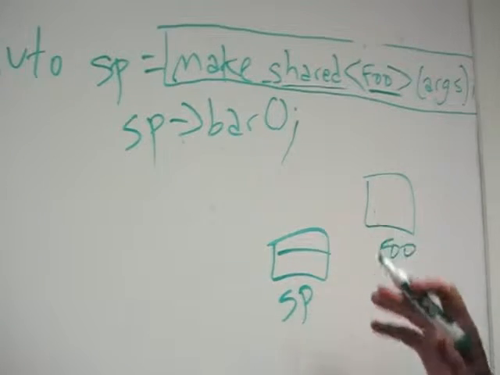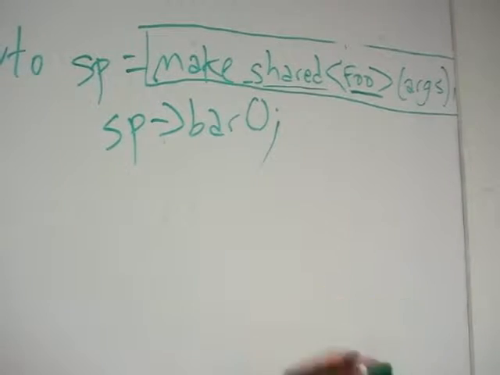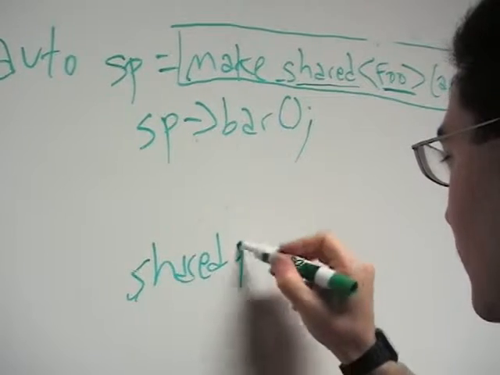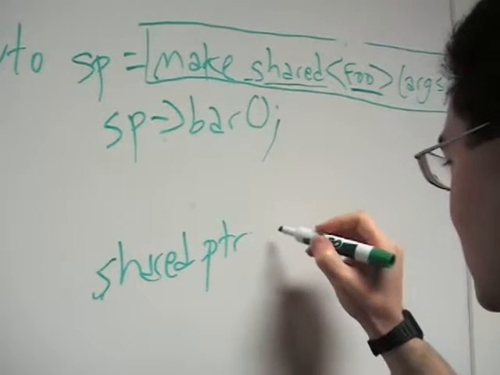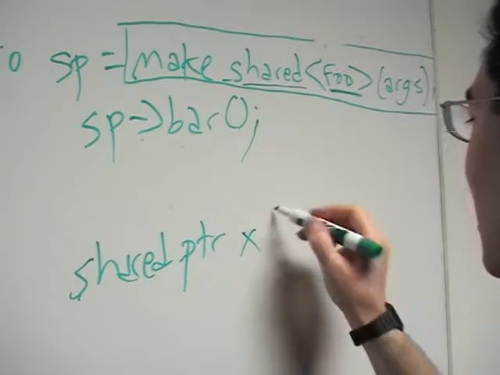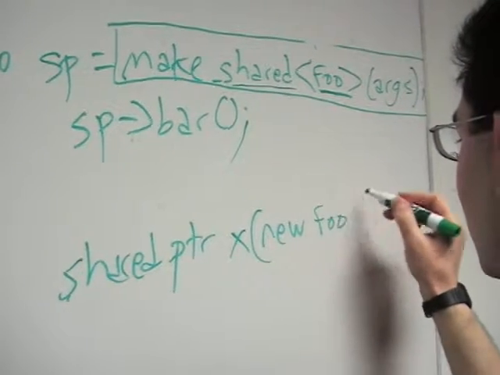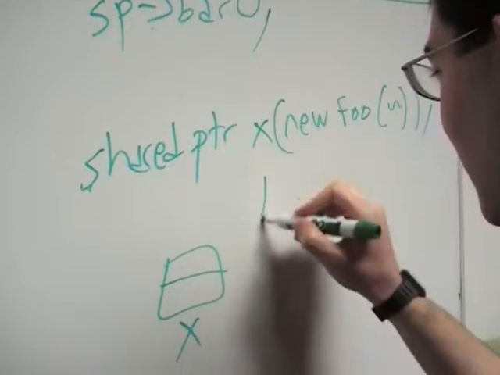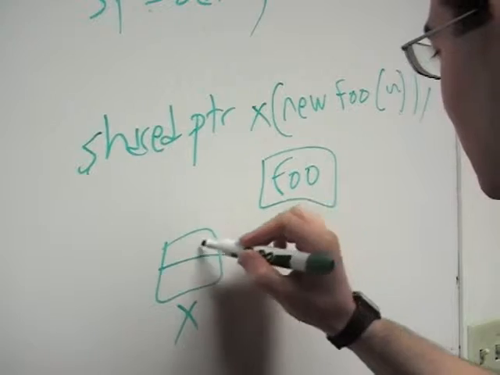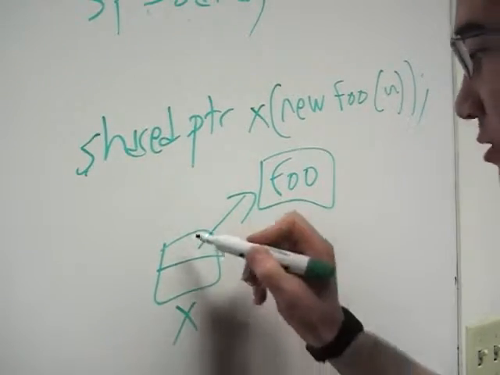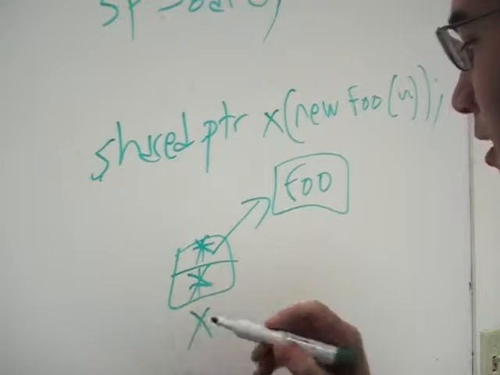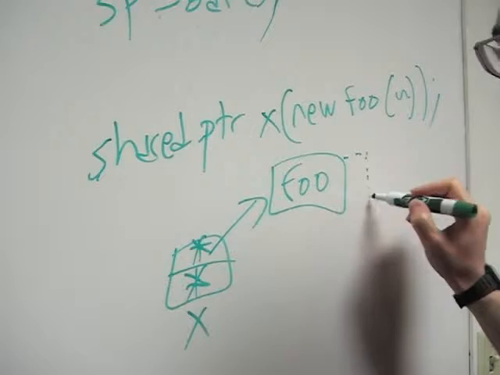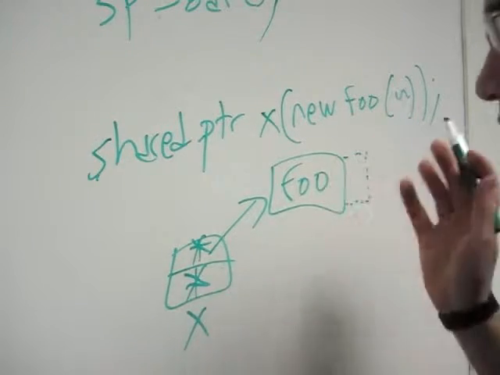So when you construct a shared pointer by hand, say if I have shared_ptr<Foo> x(new Foo), what this looks like is you've got your shared pointer x here, and it owns this Foo. x, the shared pointer, is the size of 2 raw pointers, because that's what it stores. And this Foo is however big a Foo is. We've got some allocator overhead here, maybe 8 or 16 bytes, depending on your platform.